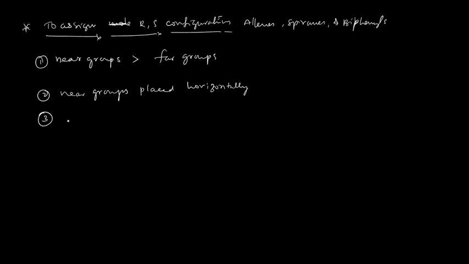Third point, far groups, those groups which are away from the observer, are placed vertically. Near groups will be given higher priority than the far groups.